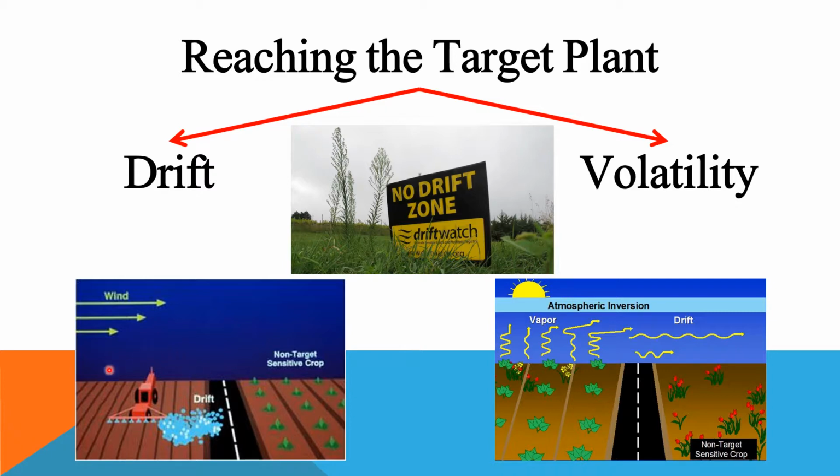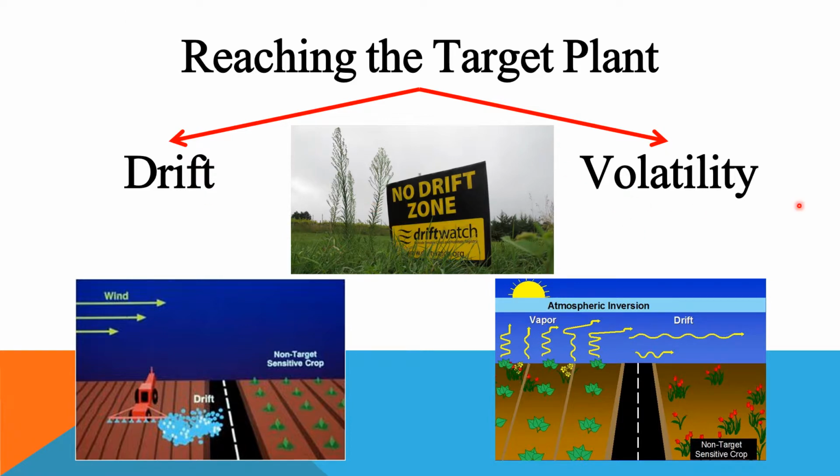So we want to make sure that the droplets are big enough so the wind will not carry the herbicides to other places, but at the same time they need to be small enough to make sure that the herbicides can be applied to the targeted crop, targeted weed, in the targeted area. So this is the drift.